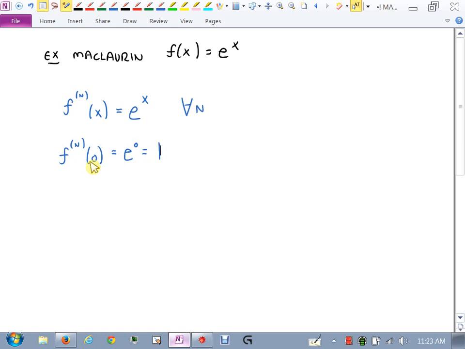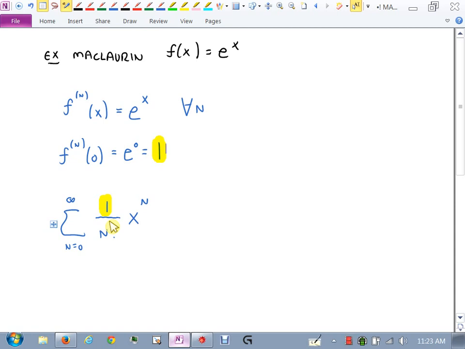Basically, it turns out to be the sum from n equals 0 to infinity of 1 over n factorial times x to the n. Since that nth derivative is always 1, this part never changes, and the formula is just these two pieces, which is the same for all Maclaurin series. It's the thing in front that dictates what's happening.